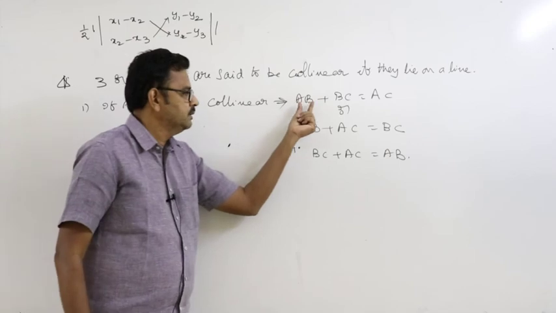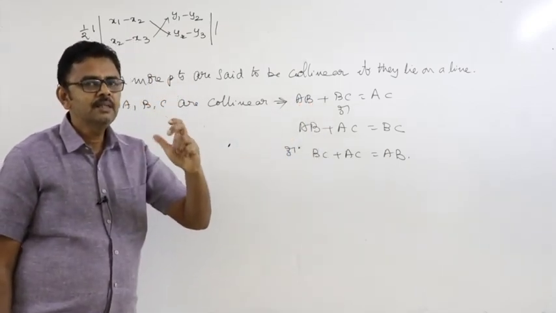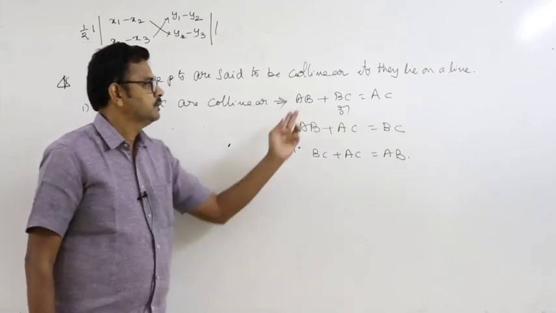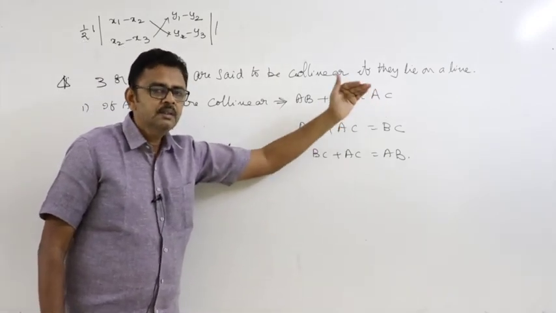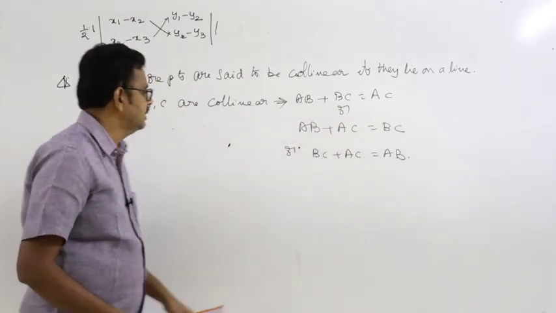So find the distances AB, BC, CA, three lengths. If the sum of two is equal to the third one, then the points are said to be collinear. This is one process.